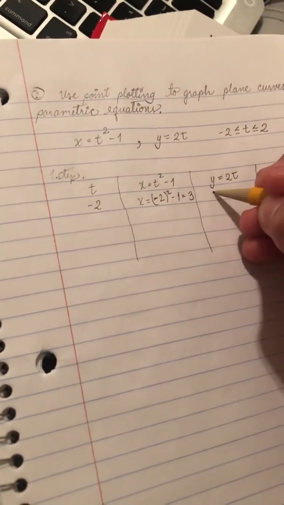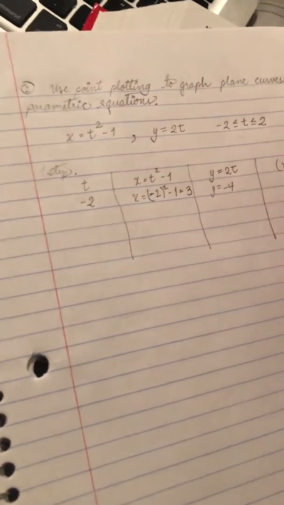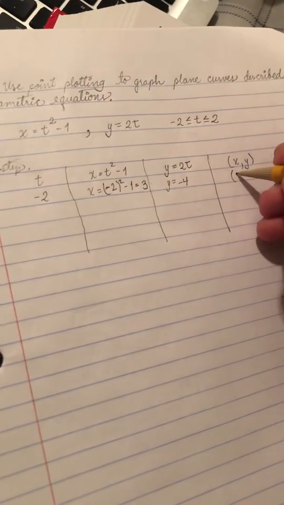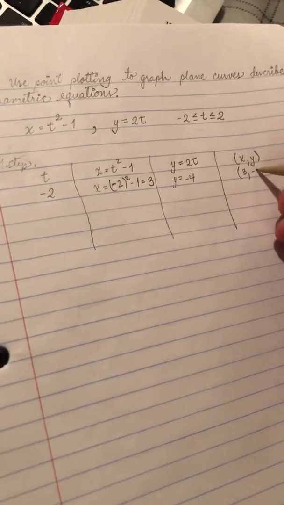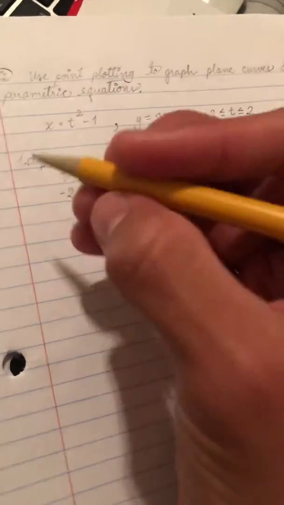And then y is going to be negative 4. So we have the first pair, 3, negative 4.